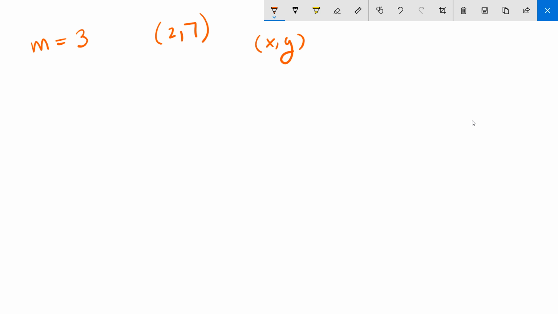So I'm going to say that the slope equals the rise over run, which is the difference between the y's. This y is 7, this y is unknown, y. So I'm going to say y minus 7. And then under that, I'm going to say x minus 2.